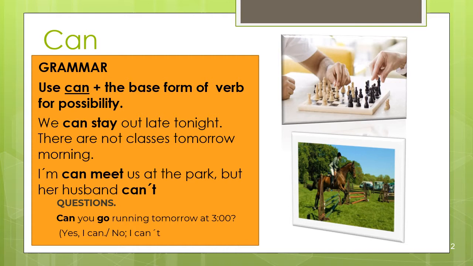What is the formula we can follow when using the auxiliary can? You can see here: use can plus the base form of the verb for possibility and ability.